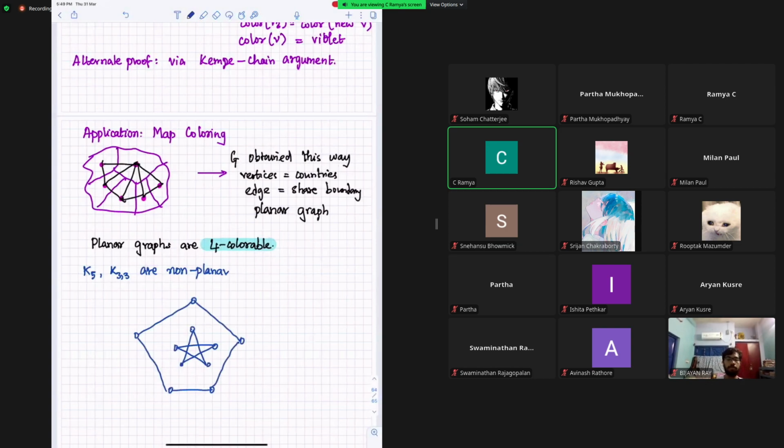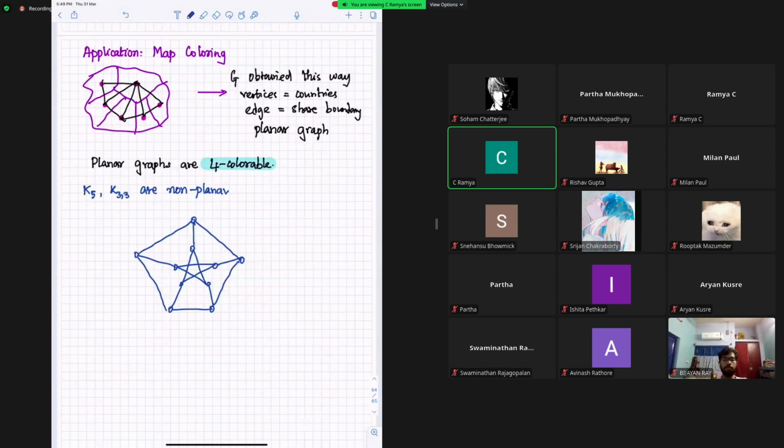Now the question is, do you think that this graph is planar? Is this graph planar? That's the question. So this is a very famous graph. It's called the Petersen graph. Do you think it is or it is not?